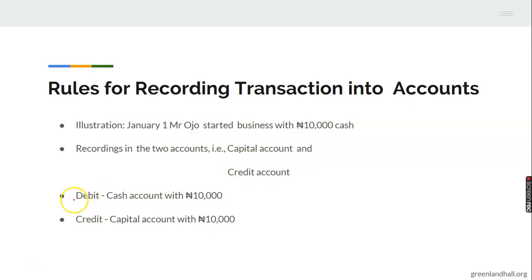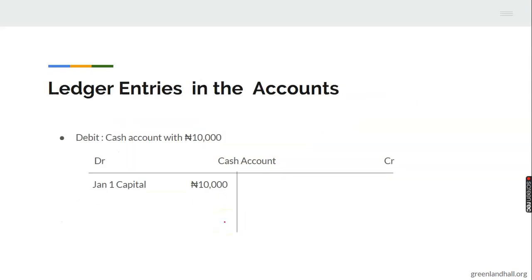So you are expected to debit the cash account with 10,000 naira because the 10,000 naira is going into the cash account, and then you credit the capital account as the capital account gave out that particular amount of 10,000 naira. In recording them, it's going to appear like this: debit the cash account with 10,000 naira.